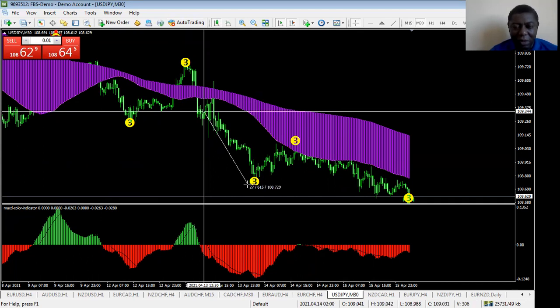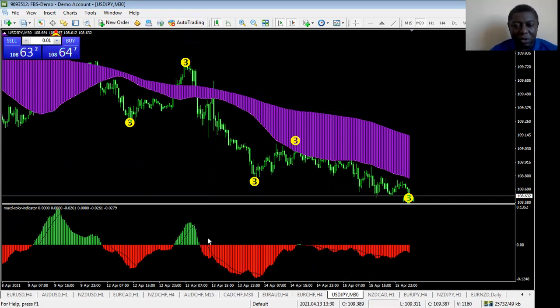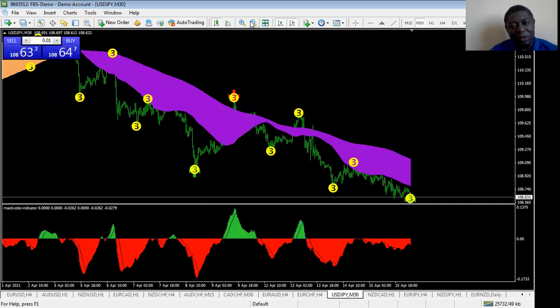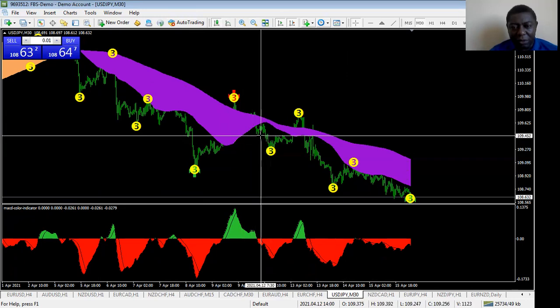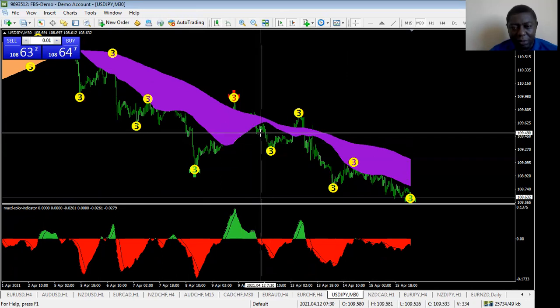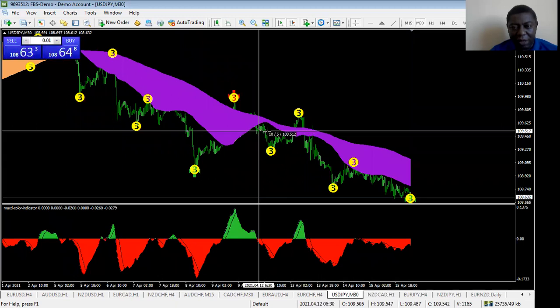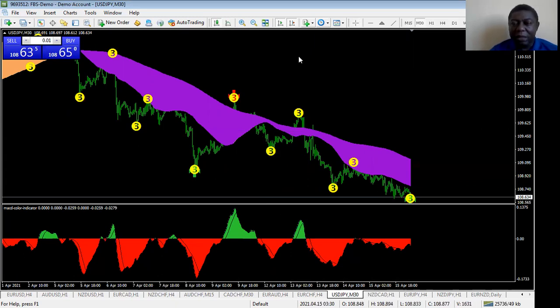So that's the use of the MACD, just for confirmation on the entry. Like here, if I have to jump in, I will jump in somewhere around here, because that's where you start seeing the MACD showing red, the downward movement. So jumping somewhere here.